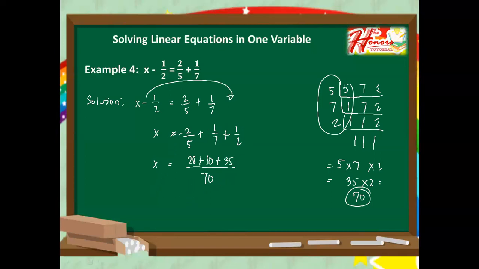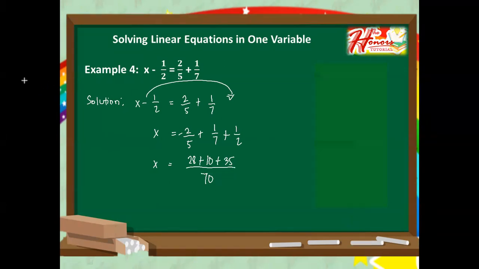And then, let me just erase this part so that we can continue solving. So we have here x equals 28 plus 10, that is 38, plus 35, that is 73.